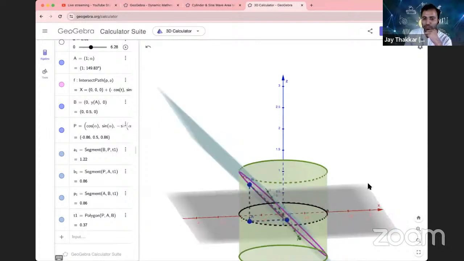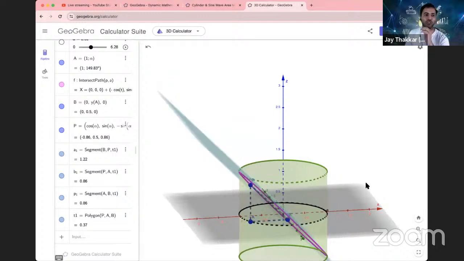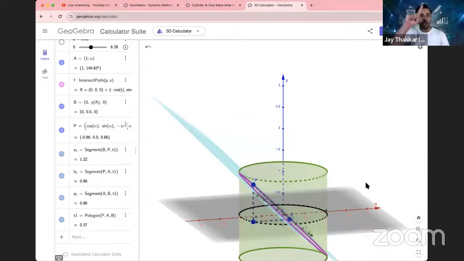I'm not sure whether you're able to visualize this or not. So in this right triangle, one of the angles is the same as the angle between the base of the cylinder, the xy plane, and my cross-sectional plane. That is the same angle as PBA, and it is constant for a given cross-sectional angle.